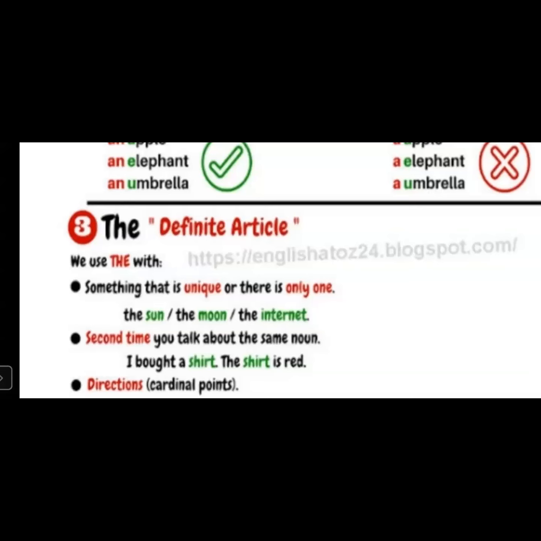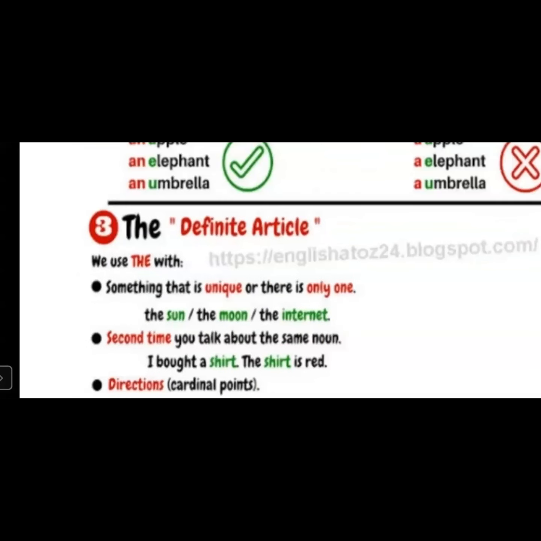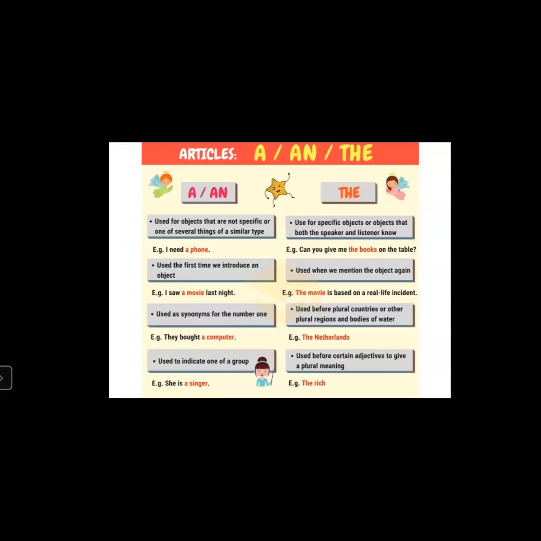And you can use it a second time when you talk about the same noun. Means I bought a shirt, the shirt is red. That time we are using the. Then when we are describing directions, that time we are using the article the.